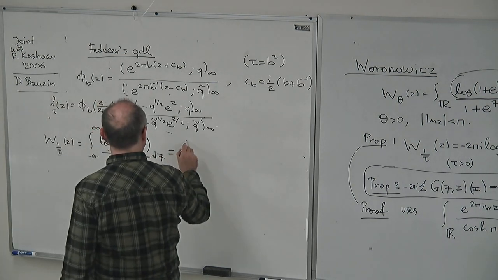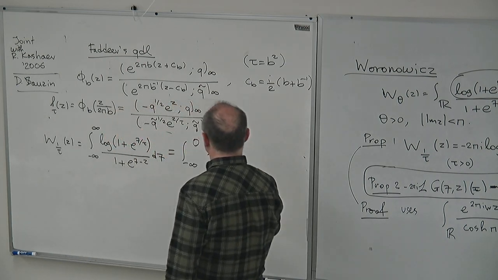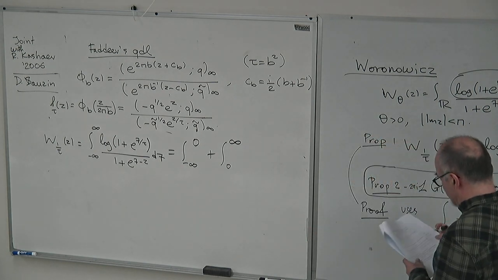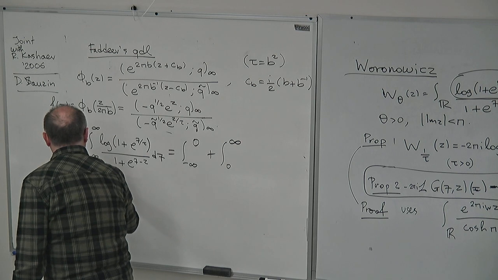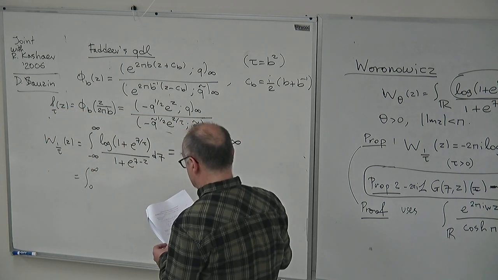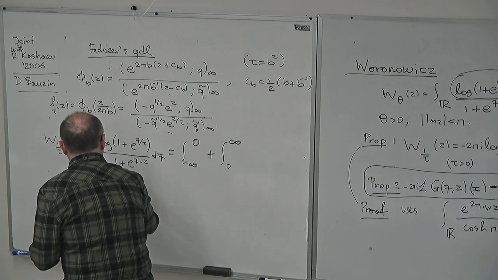First of all, we're going to write it as the sum of 2. Second, we're going to change variables and make it the sum of 2, but of this kind.